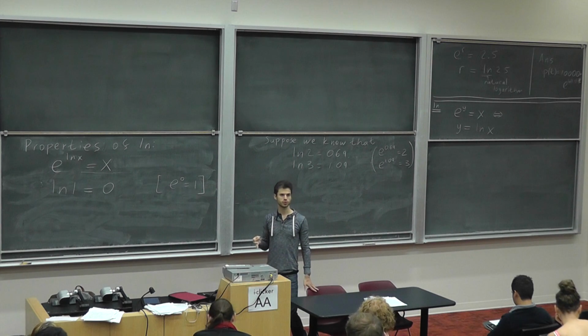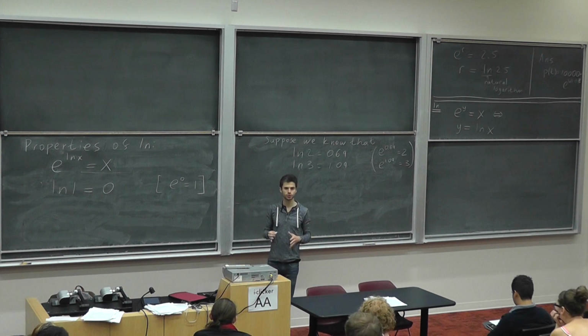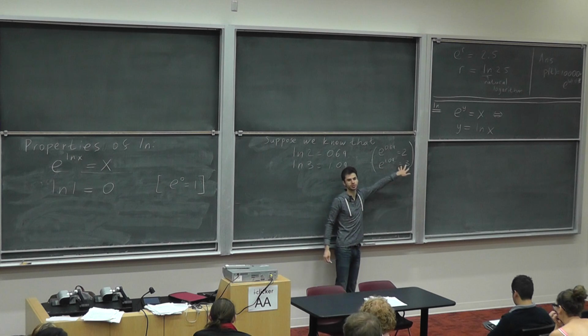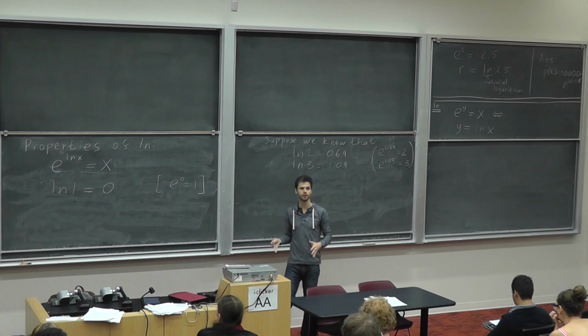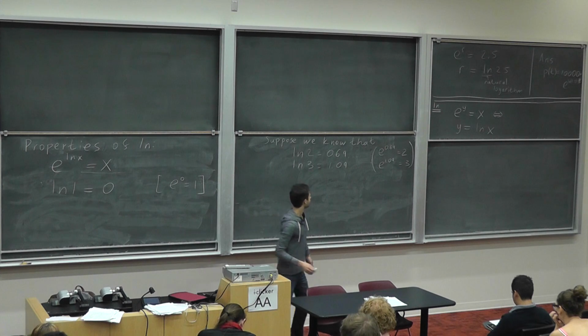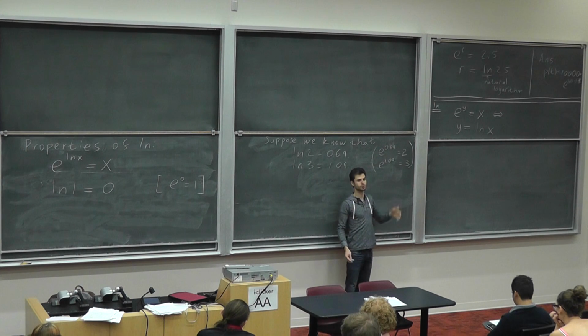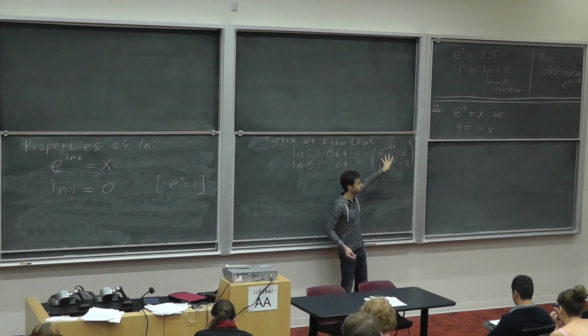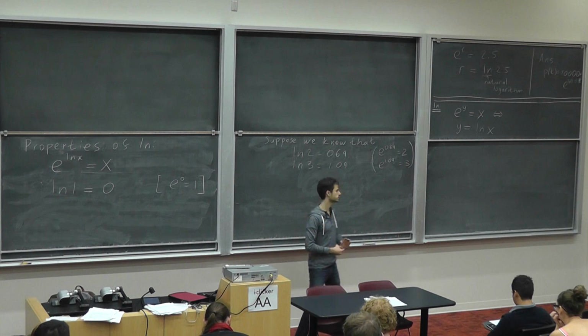So we should raise it to a power which is just slightly bigger than 1 to get 3, because 2.7 and 3 are really close. And you should raise it to a power which is smaller than 1 to get a number which is smaller than 2.7, which is 2. So it makes some sense.